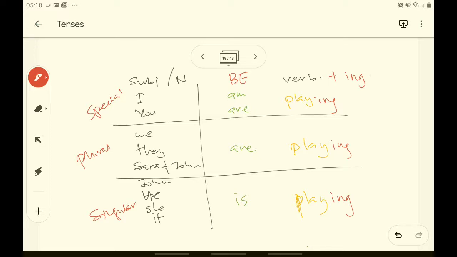Whenever you want to use present continuous tense, you just put the be verb in the present form according to the subject, whether it's special, I or you, or plural or singular, and then for the verb that you are going to describe, plus ing.